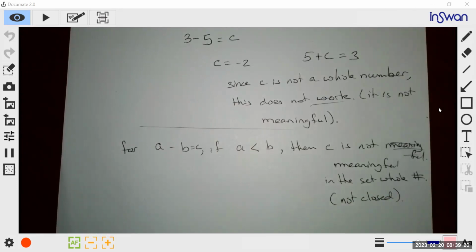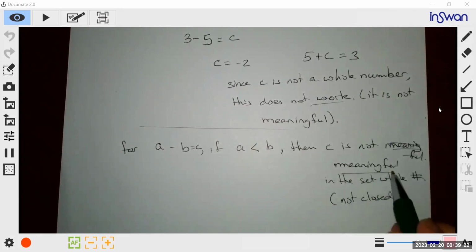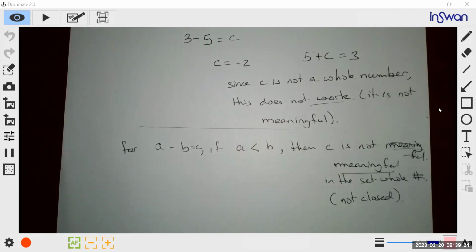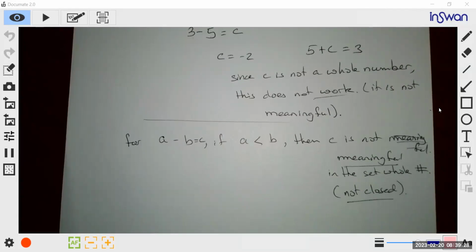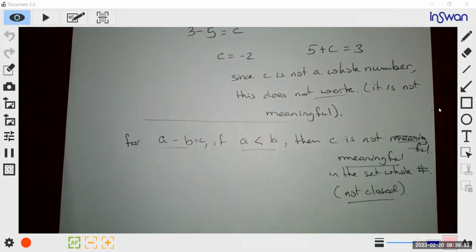See, all these things fit together. If it's not meaningful, that means it's not in the set of whole numbers. If it's not in the set of whole numbers, then it's not closed. So it's not closed if A is less than B for A minus B.